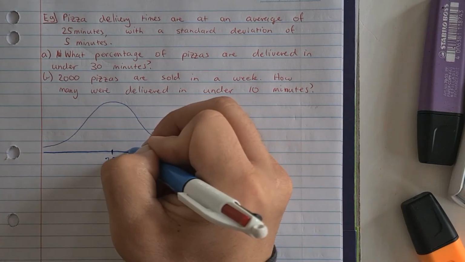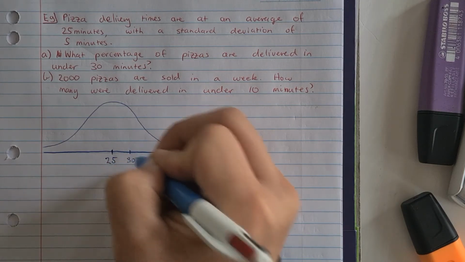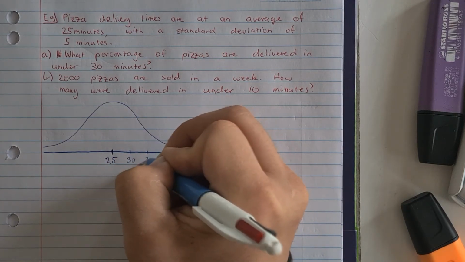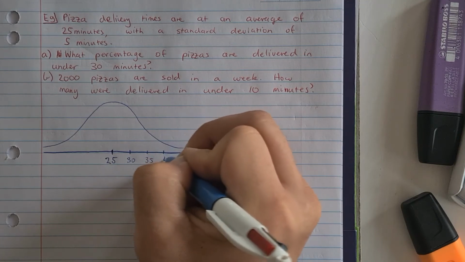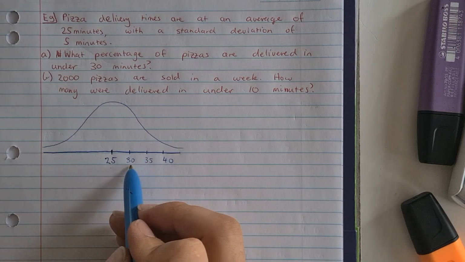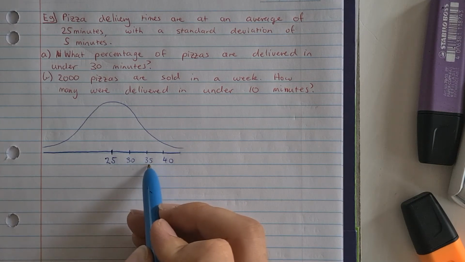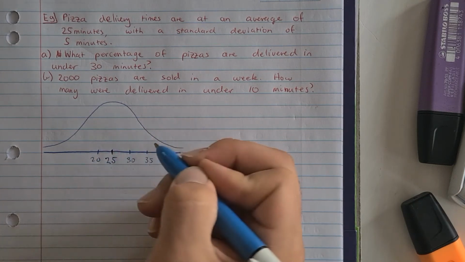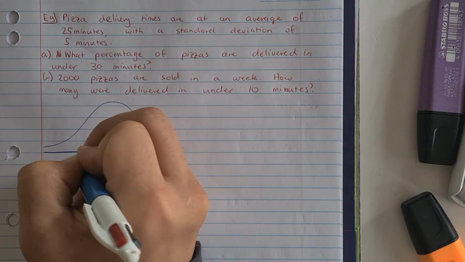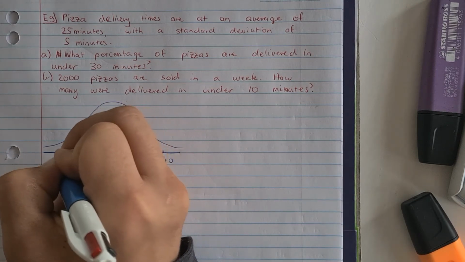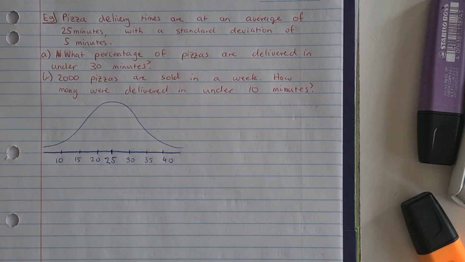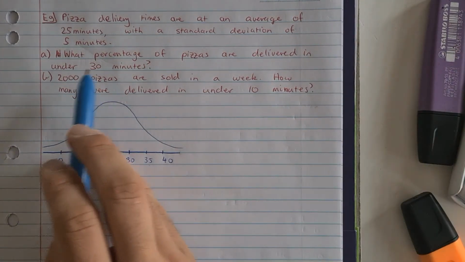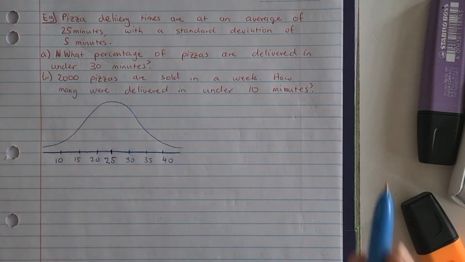Now I'm just going to notch off each standard deviation point. So that is our mean, that is plus 1 standard deviation, plus 2, plus 3, minus 1 standard deviation, minus 2, minus 3.